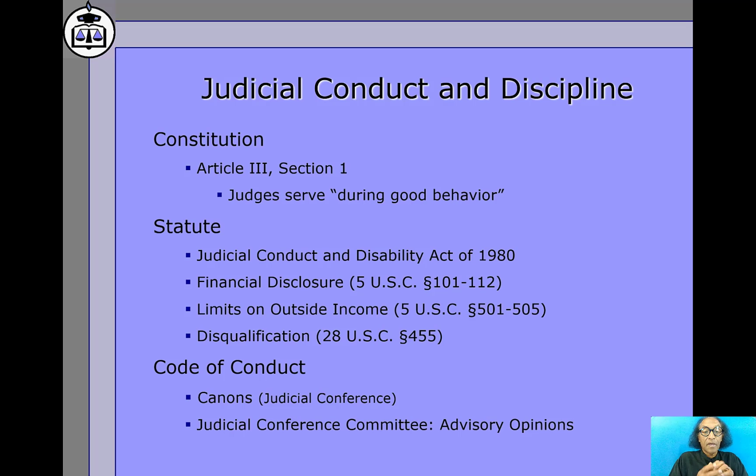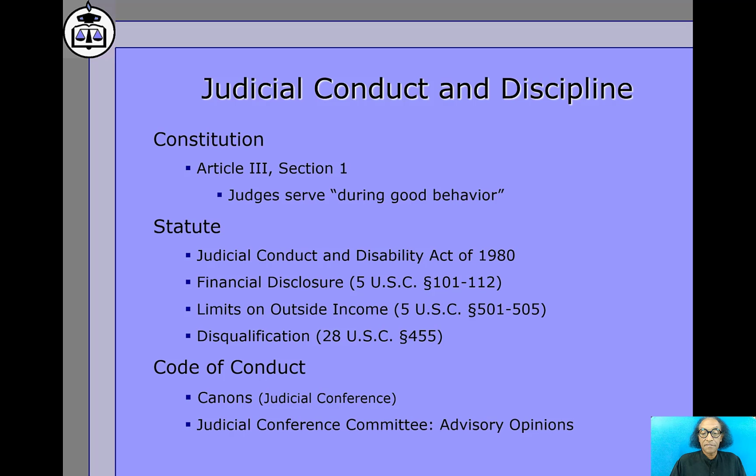The Constitution, under Article 3, states that judges shall serve during good behavior, which is not specifically defined, but they cannot engage in unethical behavior, they cannot take bribes, they cannot commit crimes and things of that sort. But reinforcing the Article 3 provisions are various statutes which regulate judicial conduct, including the Judicial Conduct and Disability Act of 1980, financial disclosures, limitations on income, and disqualification.